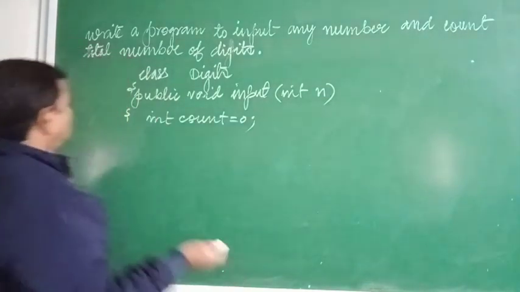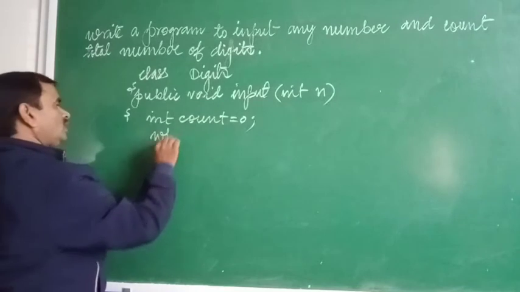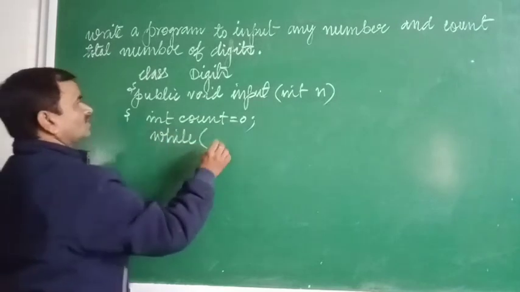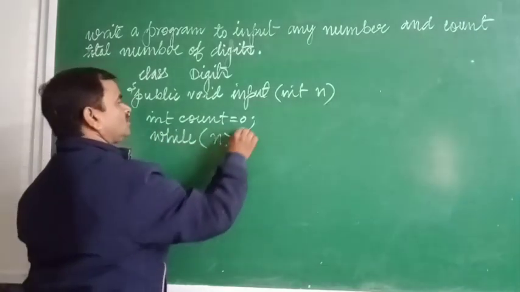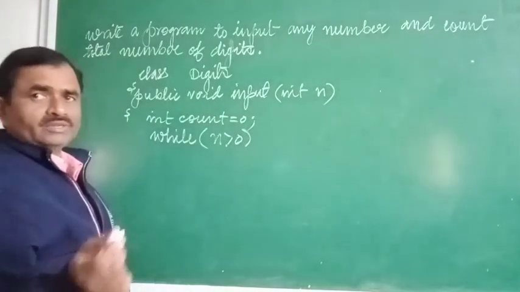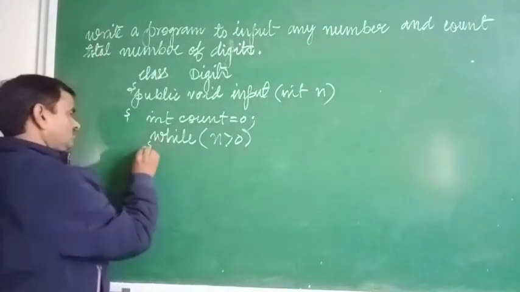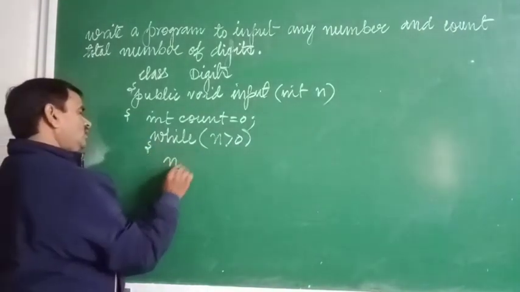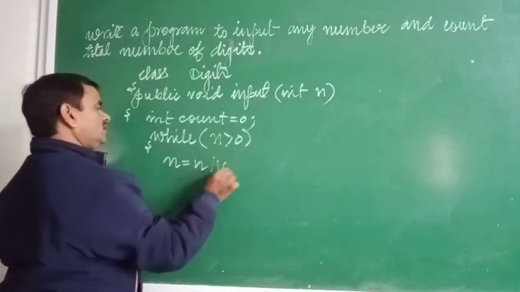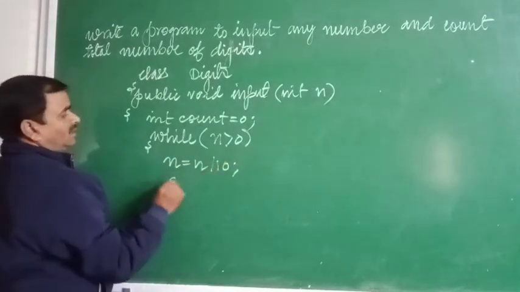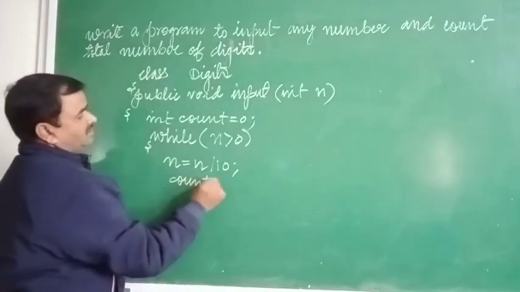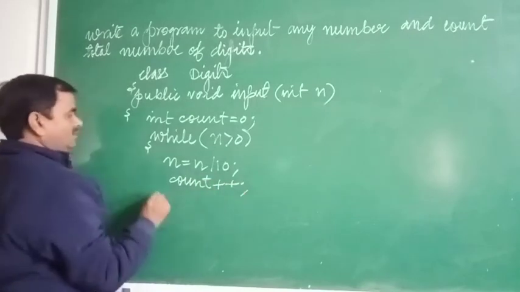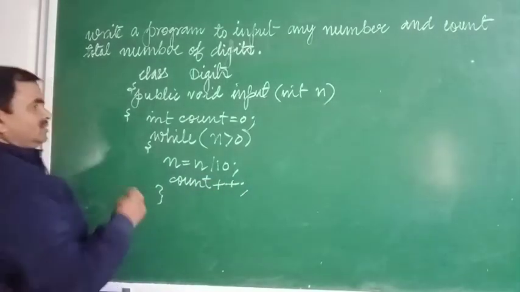So after that we have to use while loop. While n greater than 0, that is, as long as the value of n is greater than 0, then n equal to n upon 10 and count plus plus. After that this bracket will be closed.